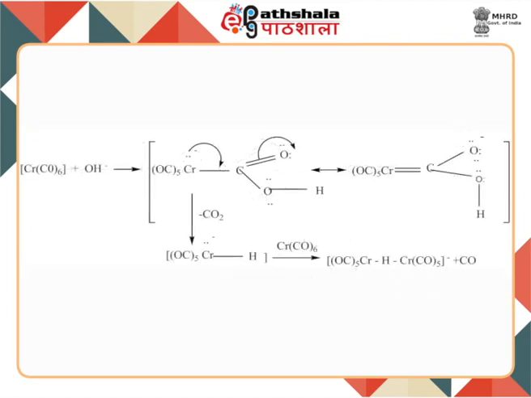You can see from this reaction mechanism, when chromium hexacarbonyl is treated with a strong base such as sodium hydroxide solution, a bridged hydride complex is obtained instead of the expected product, which is Cr(CO)5H anion. This anion, on further treatment with chromium hexacarbonyl, gives metal carbonyl hydride of chromium. You can see from this reaction mechanism.